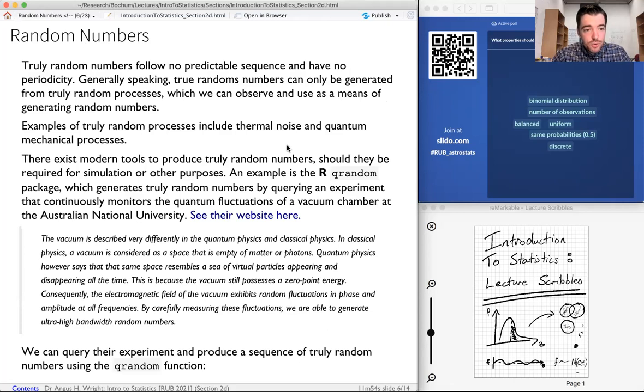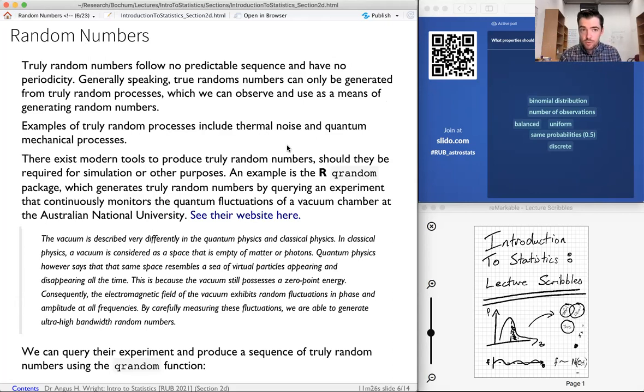That leads us to an important question, which is, how do you generate random numbers? And this is by far and away not a simple thing to do, and it's quite a complicated field of study. Truly random numbers follow absolutely no predictable sequence, and they have no periodicity. They have no repetition over any period of time. You can watch them till the end of the universe, and they will never show any sort of periodicity.